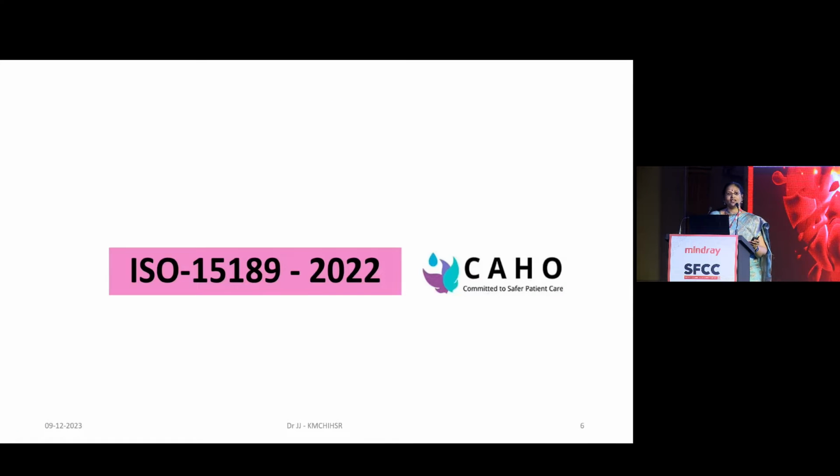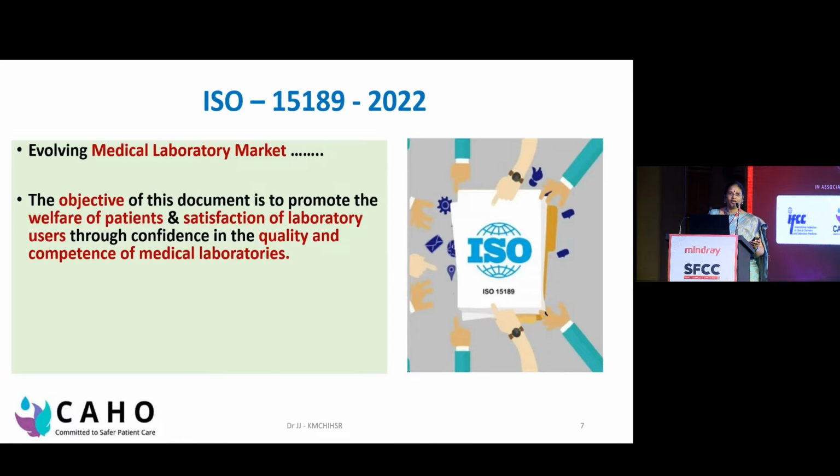So let's look at the ISO 15189:2022 standard. This is based on the evolving medical laboratory markets. Most of it is now international, and a lot of tests are done in one laboratory with multiple sample collection points across the country, sometimes overseas, and done in one single facility. Or there could be a lab doing an exclusive, very specialized test.